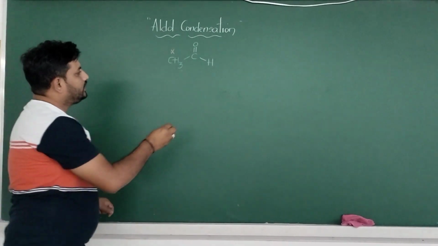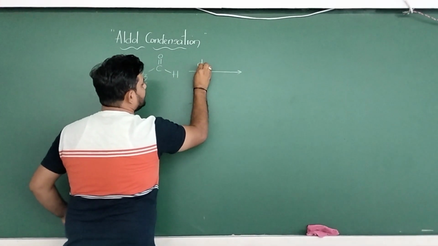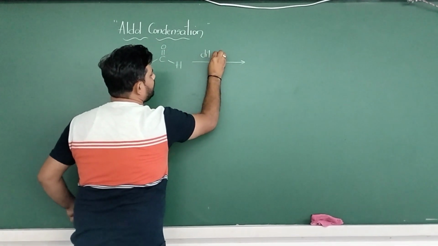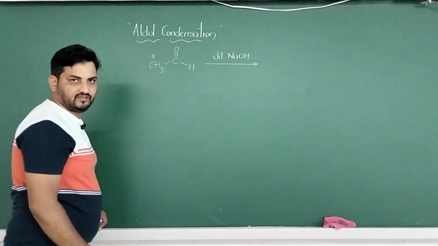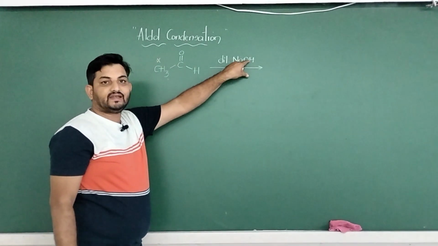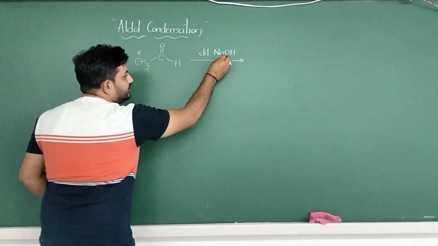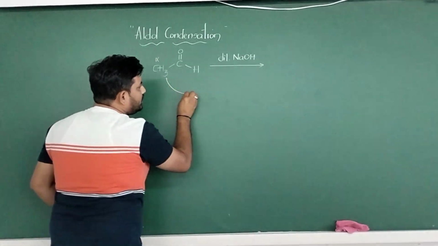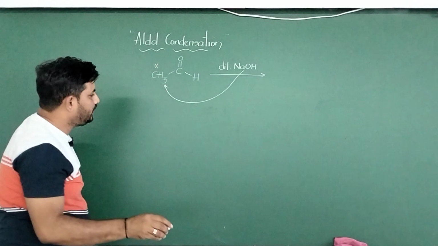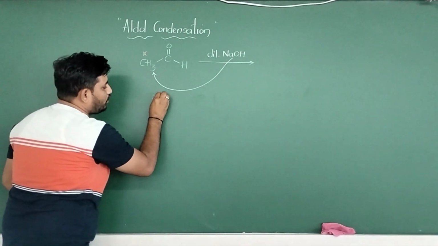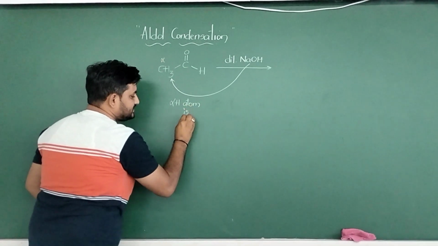In the presence of a dilute alkali, like dilute sodium hydroxide. Now remember, it is a hydroxyl base that can generate an OH minus. This base will in turn interact with the alpha hydrogen atom. Why? Because the alpha hydrogen atom is acidic in nature.